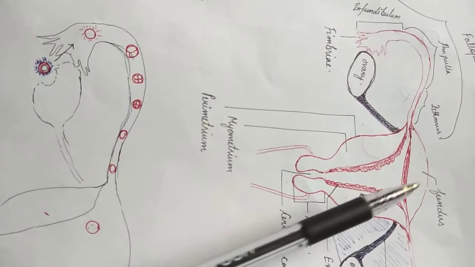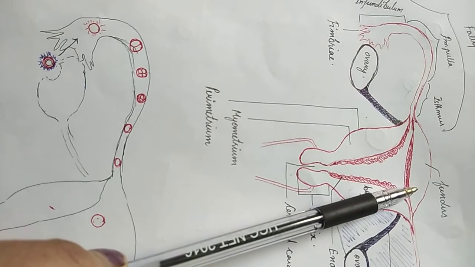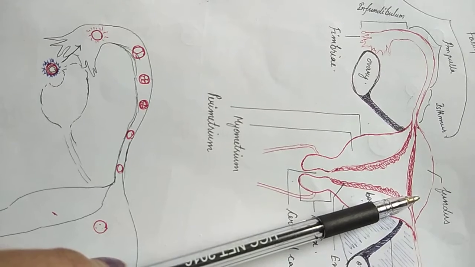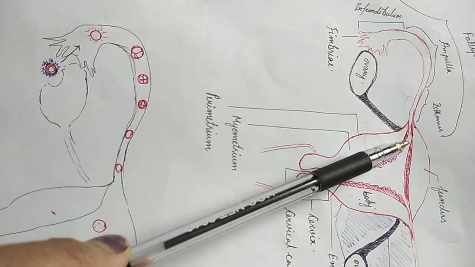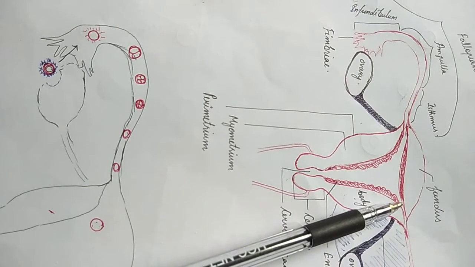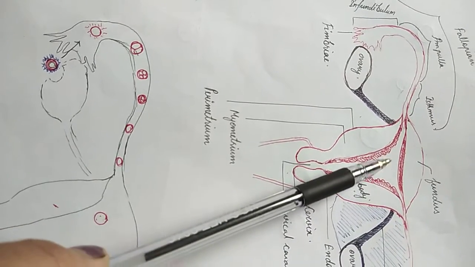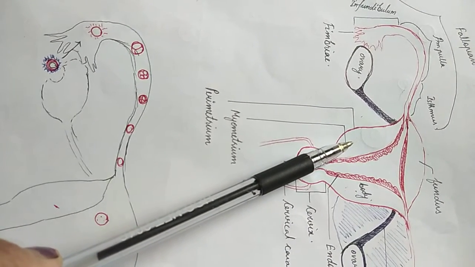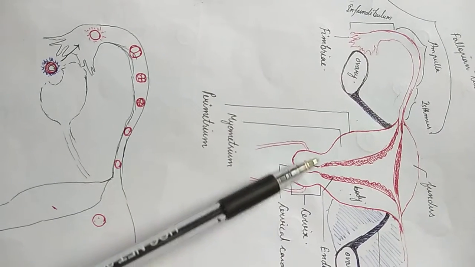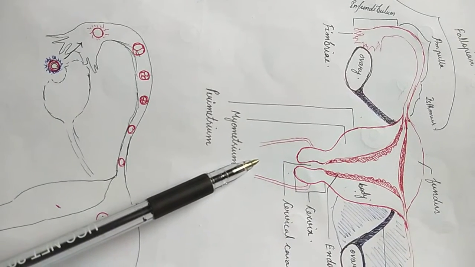It shows four regions: upper wide dome-shaped fundus that receives the fallopian tubes, cornua, the upper corners where the oviducts enter the uterus, middle large body or corpus, which is the main part, and lower narrow part, that is the cervix, that projects into the vagina.